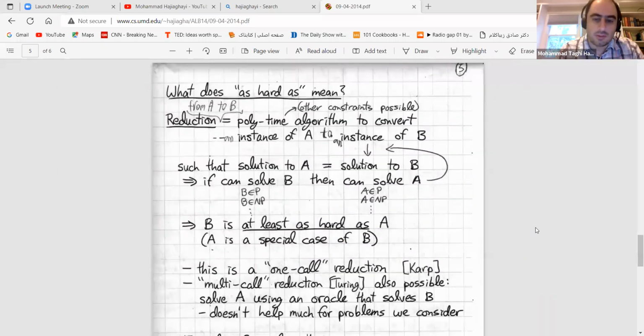Good. So that's the concept of reduction essentially.